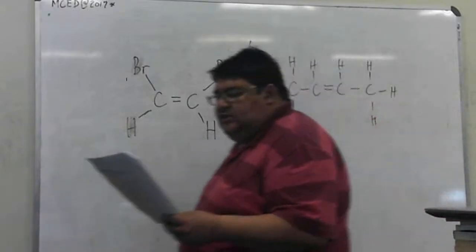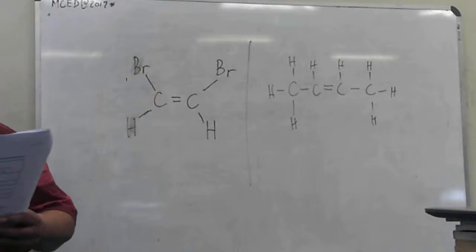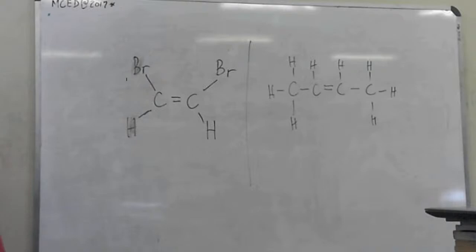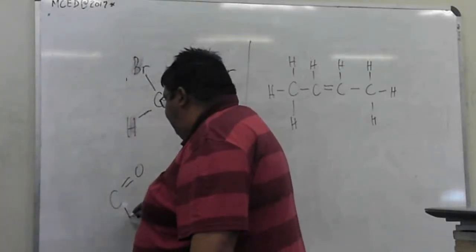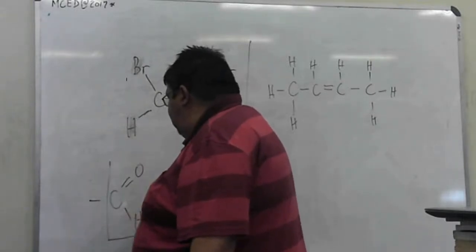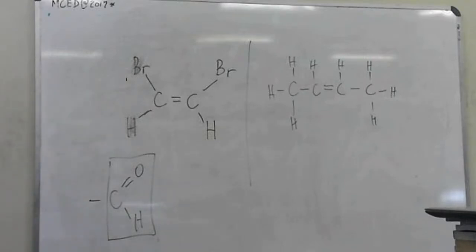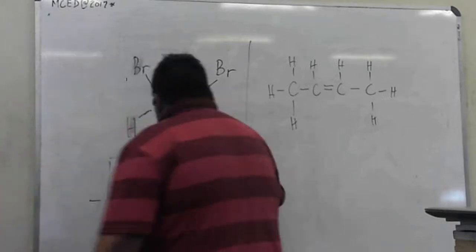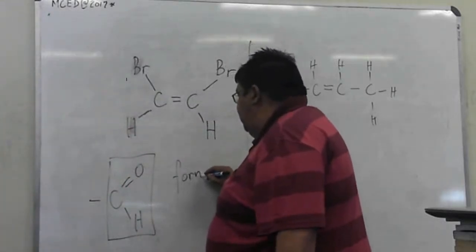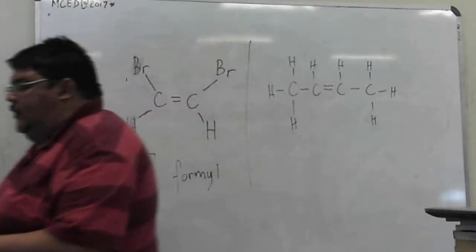The homologous series to which E belongs is an aldehyde. Name the functional group of compound E. Compound E, the functional group for an aldehyde is the formyl group. We need to see the formyl group for it to be an aldehyde. So that is the structure of the formyl group, and the name is a formyl group. Right, so we move on.